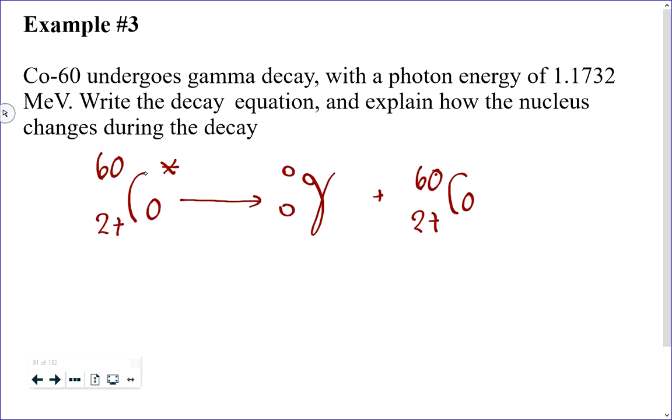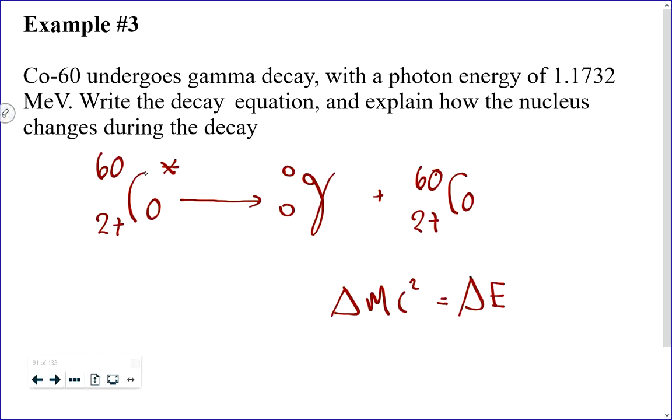And I feel as though I shouldn't have to teach this to you. You should already know how to find the mass lost by the nucleus. The mass lost times the speed of light squared is equal to the energy released.